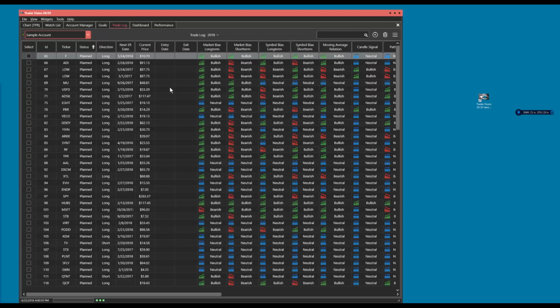Or you could say it's the other way around. This type of tool does not lend itself to the fast-paced, second-to-second, tick-to-tick type of reactions that are required for success in day trading.